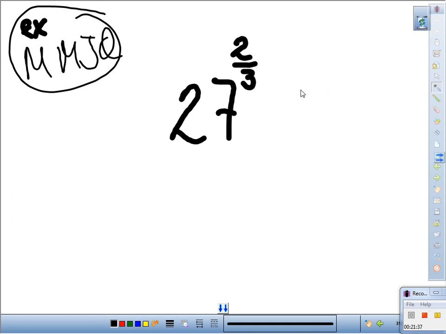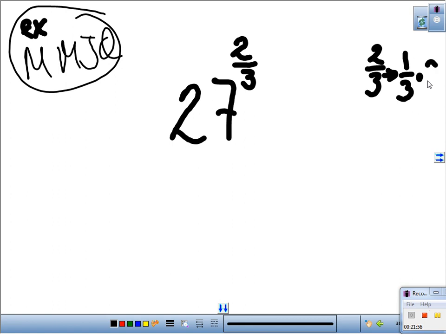What's the difference on this one? The numerator is greater than 1. But do we know what to do if it was a 1? Yes, that means I need to rewrite this. So look up. 2/3 can be rewritten as 1/3 times what? Times 2. Does everybody agree with that? 2 times 1/3 is what? 2/3. Do you agree with that?